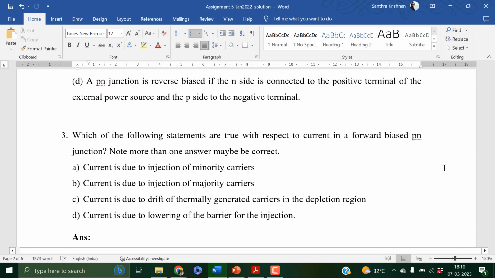D may be the option, madam. One option: current is due to lowering of the barrier for the injection. Okay.